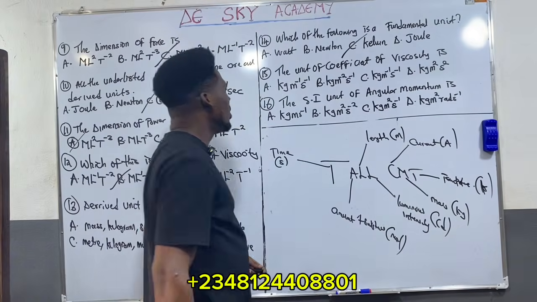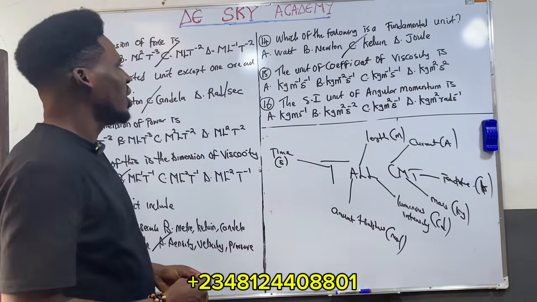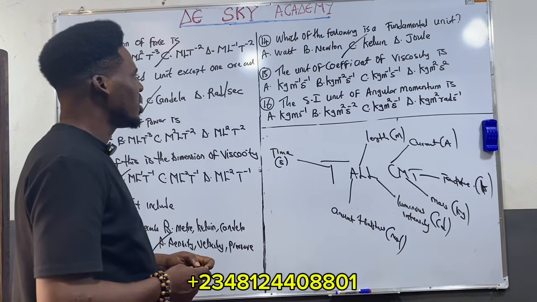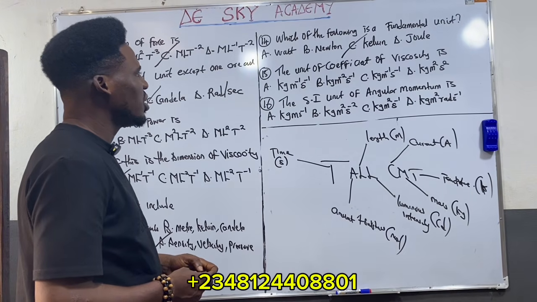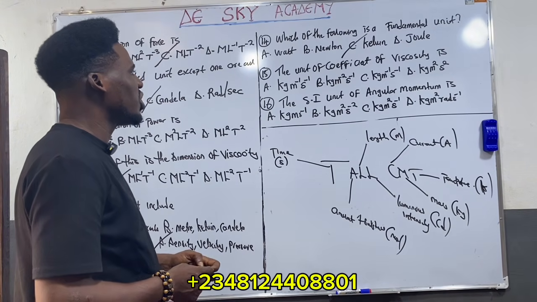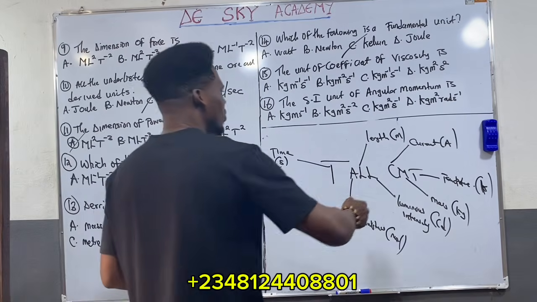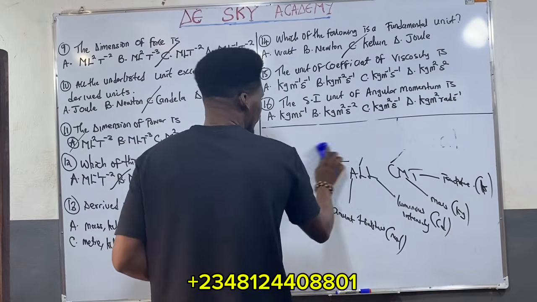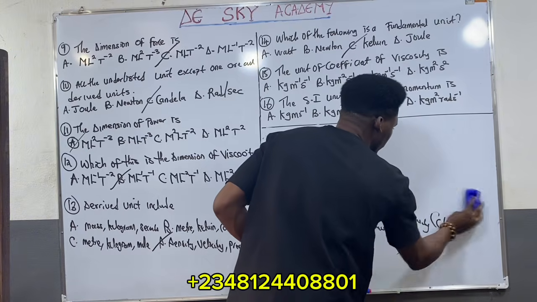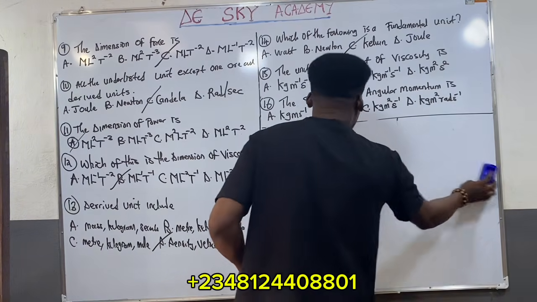Option C. So number 15, the unit of coefficient of viscosity is dash. We want to know the unit. We've calculated the viscosity before. Now, how do we get the unit?